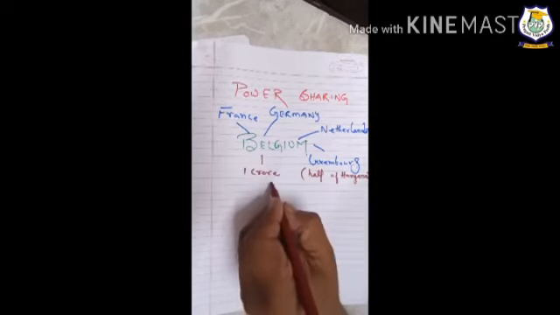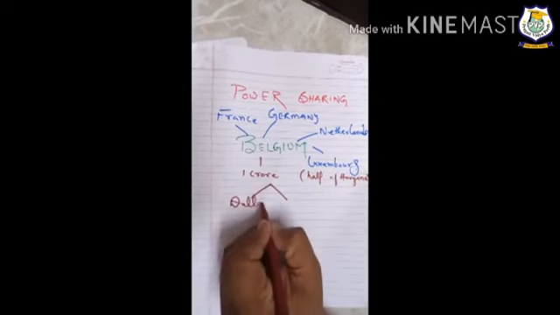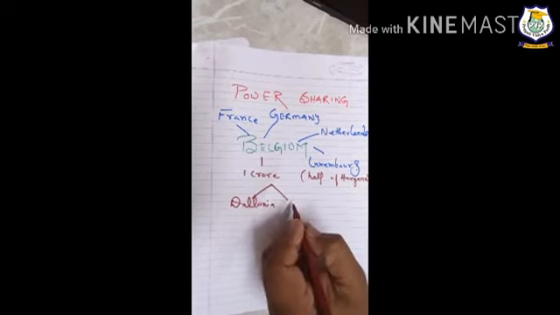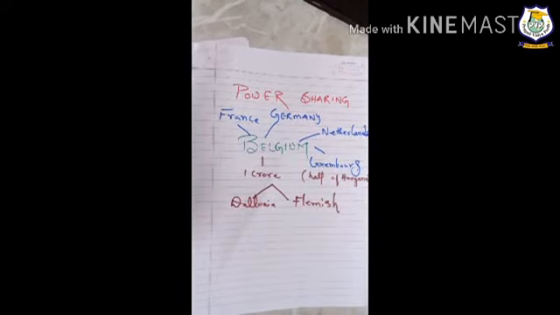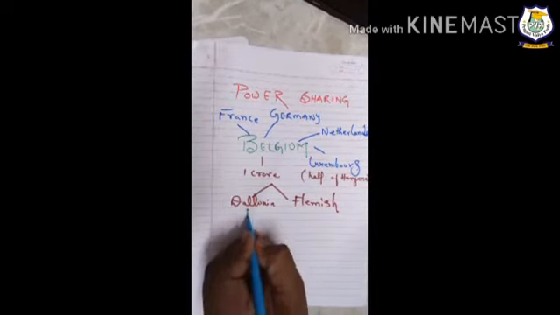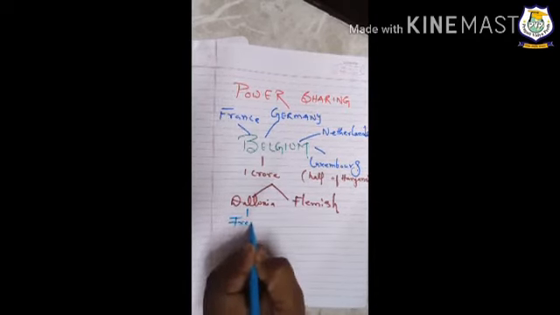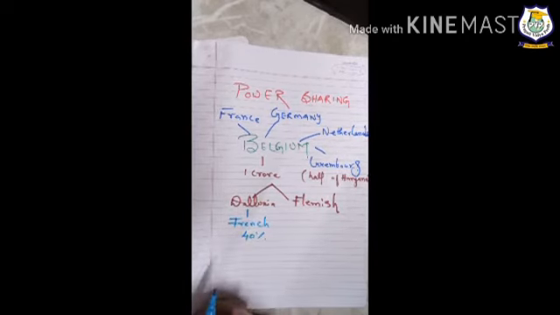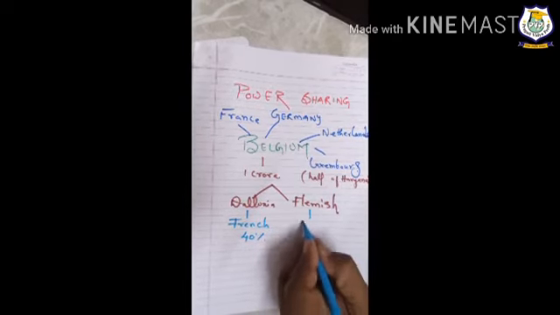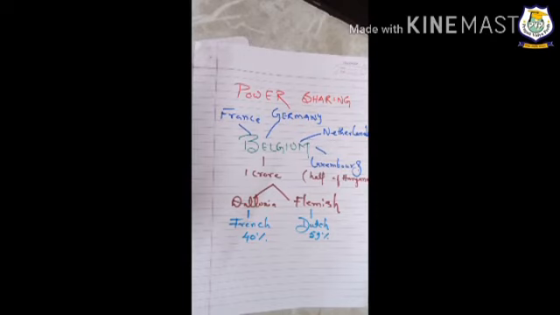This European nation has two regions. One is Wallonia, the other one Flemish. In the Wallonia region, the bulk of the population speaks French, and they are about 40% of the population. In the Flemish region, people speak Dutch, and they are 59% of the population.